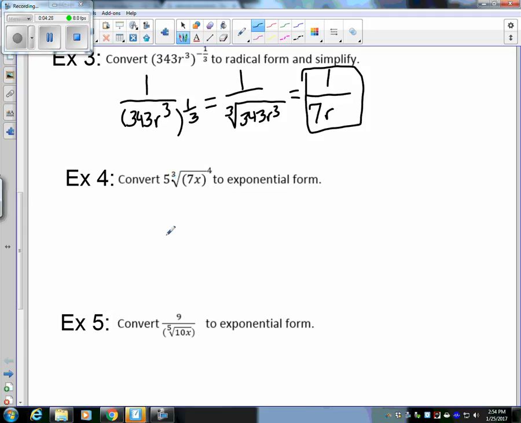So converting this, the 5 is just sitting on the outside, and then you can have the 7x in parentheses, and it's going to be raised to the power 4 over 3. So that's 5 times 7x raised to the 4 over 3.